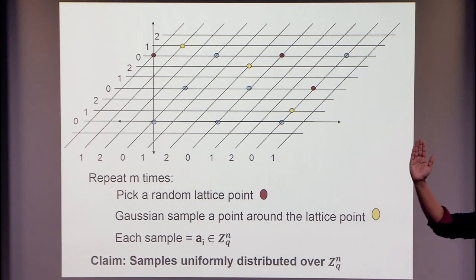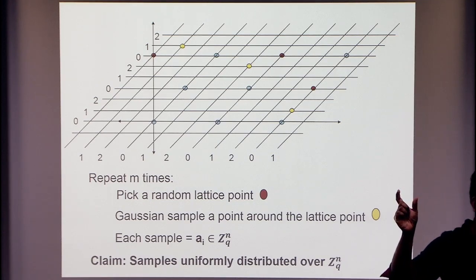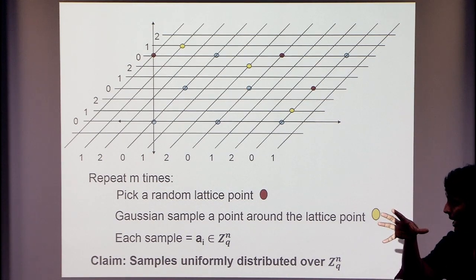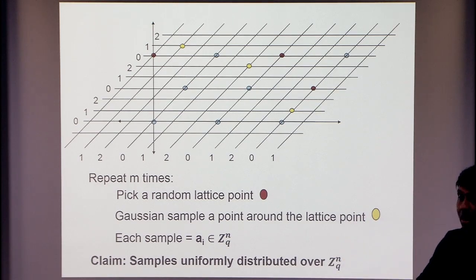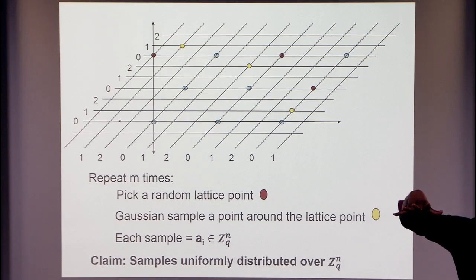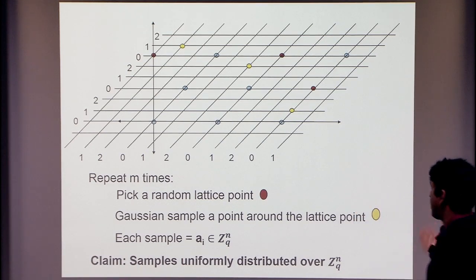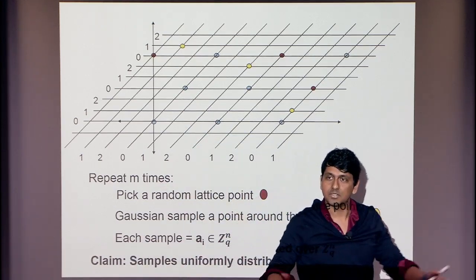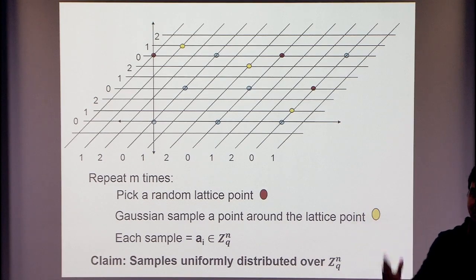I'm going to get m vectors A_i. Now the beautiful thing is that if I choose my Gaussian to be large enough, how large? About lambda_n, these A_i are distributed uniformly at random, because I just sampled from the Gaussian distribution with a large enough deviation. The probability that it's going to land at this corner is the same as the probability that it's going to land at this corner. So the A_i are uniformly random.